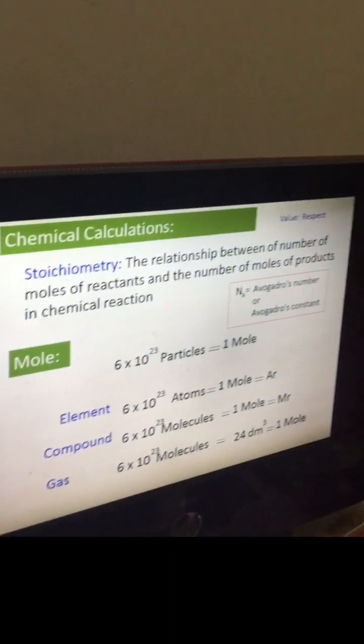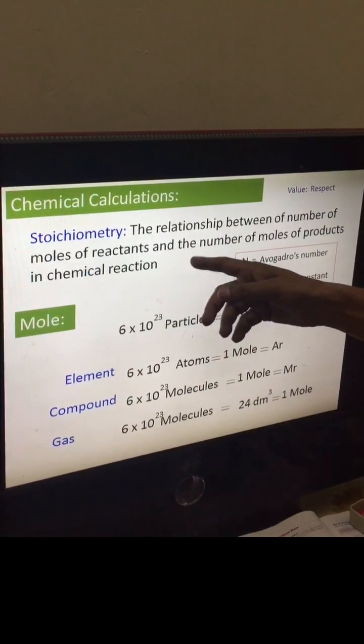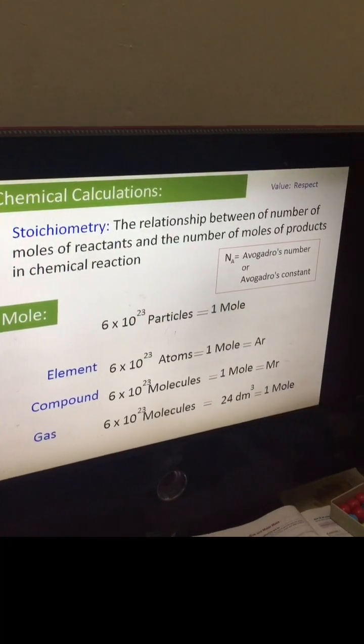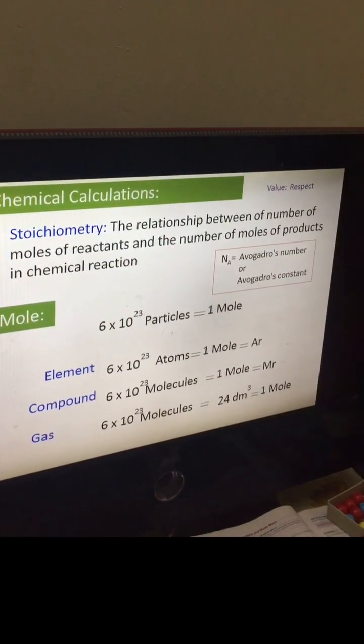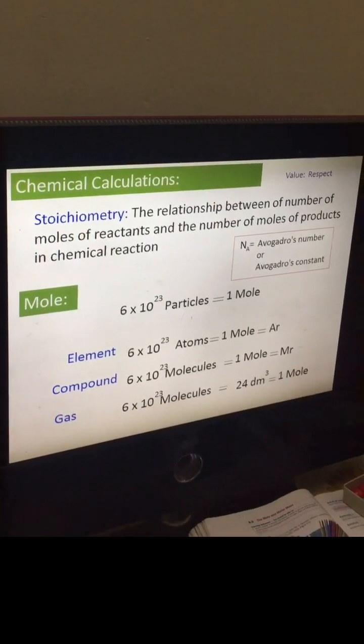In chemical calculations, we have stoichiometry. Stoichiometry is the relationship between the number of moles of the reactants and the number of moles of the products. If we are having 2 things, that is a pair. If you are having 12 things, that is 1 dozen.